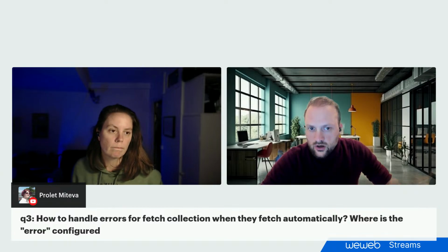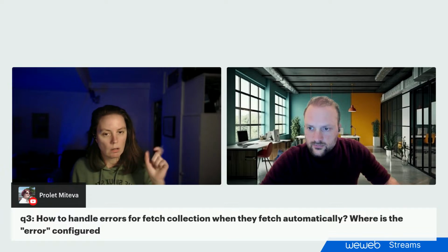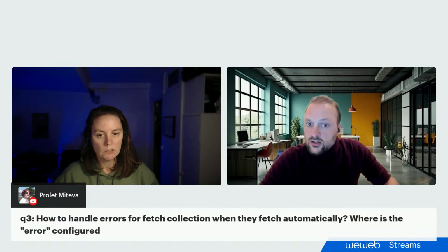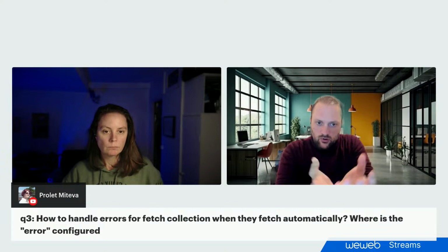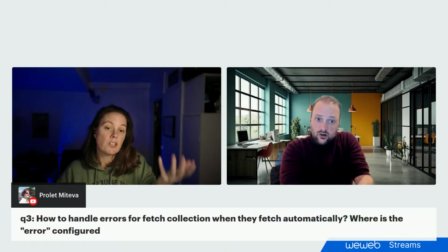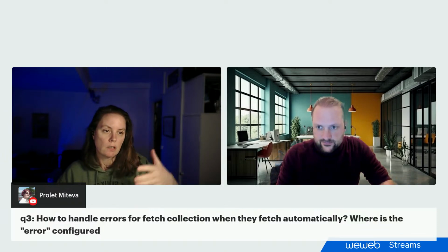It's a trigger on the page or app workflows. So not on an element workflow? Not on an element workflow. Yeah, it's a global workflow. If you wish to catch errors when collections are fetched automatically, they are fetched on page load. Exactly. All right, cool.